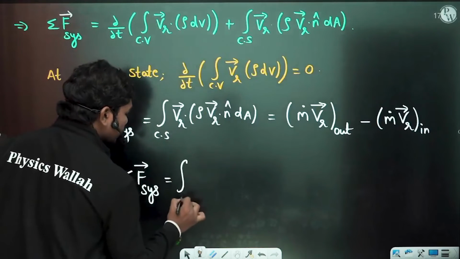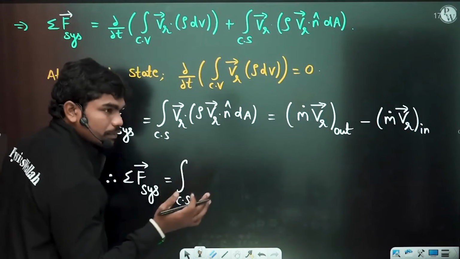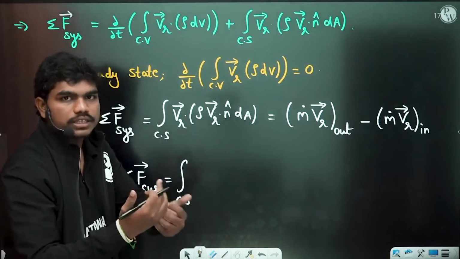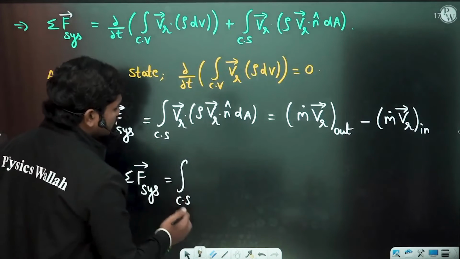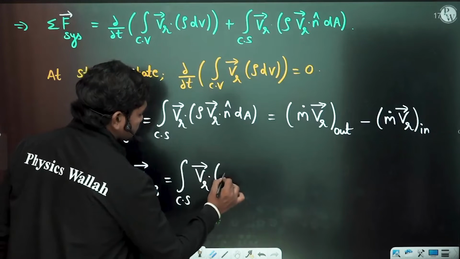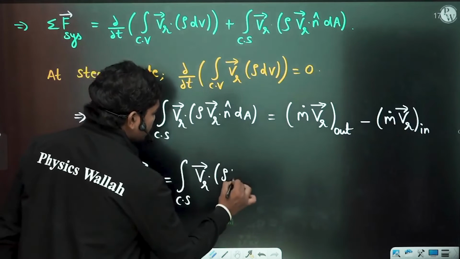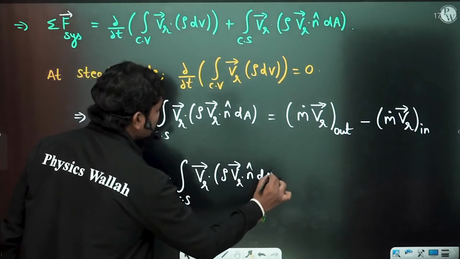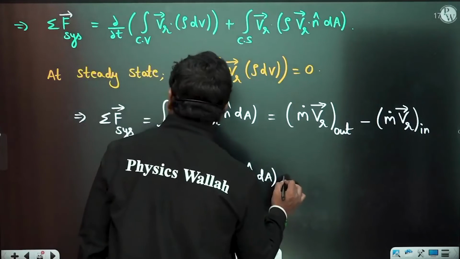We can keep it like this: the integral over the control surface, because sometimes a single inlet will have two outlets, and at those points we need some understanding. So the integral over the control surface of V relative dot rho V r bar times n cap dA is actually equal to the equation which is present here.